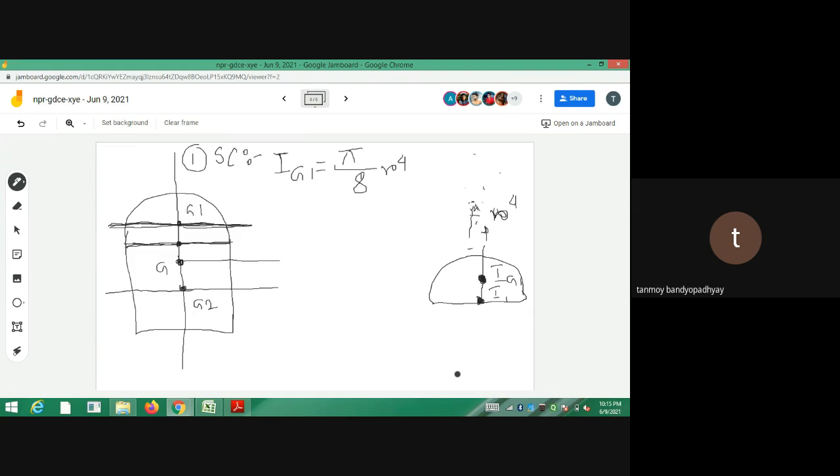The formula will be I1 equal to IG plus A into this distance. What is this distance? It is 4r by 3 pi, squared.